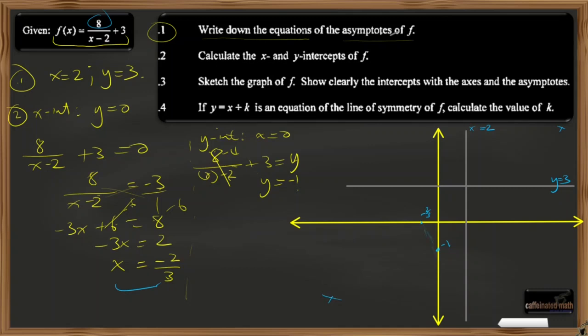This one obviously needs to go through those two intercepts and approach the asymptotes. Not the sexiest curve ever, but it'll do.